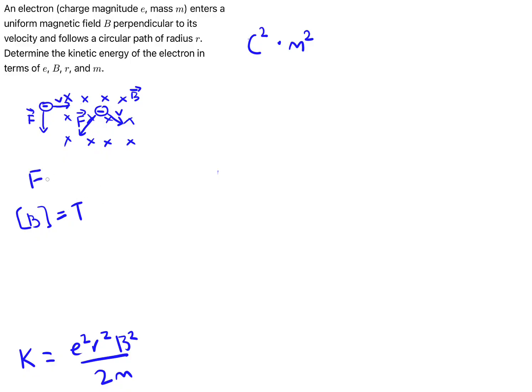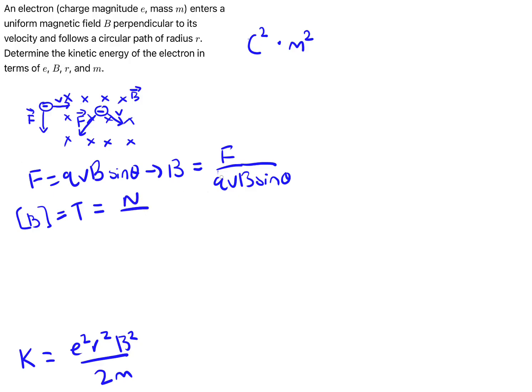We know earlier that the magnitude of the force is given by q v B times sine of theta. We can use this to find the units of B. If we rearrange this, the units of B are just the units of this here. Force has units of Newtons, and q is a charge, with units of coulombs. v has units of meters per second.